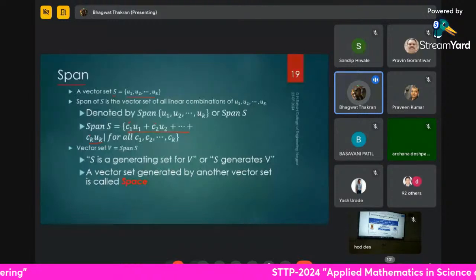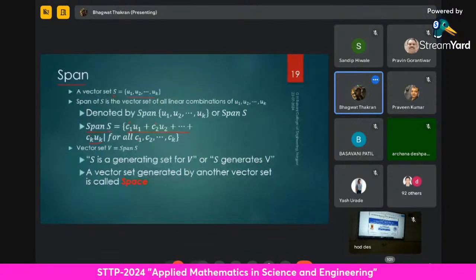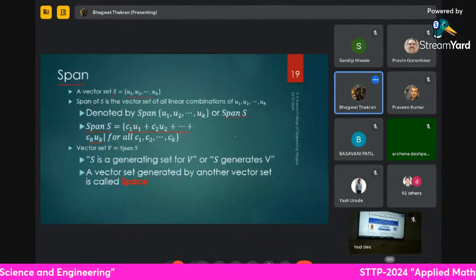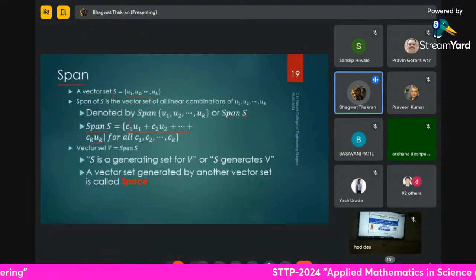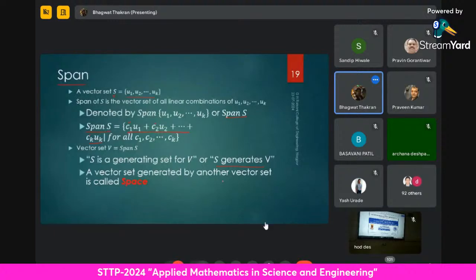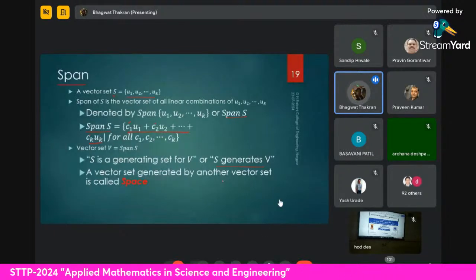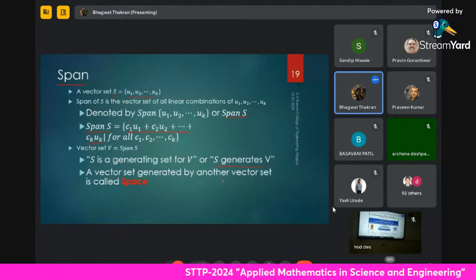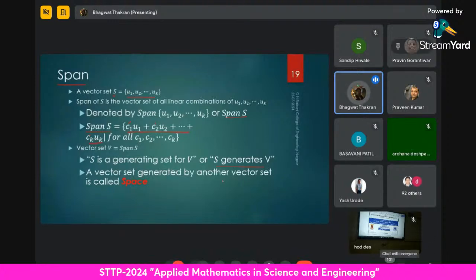Now this linear combination is called span of S, or span S. Okay, it is denoted by span S. Now, the meaning of span S is that some finite elements can generate a space containing infinite vectors, an infinite vector space.